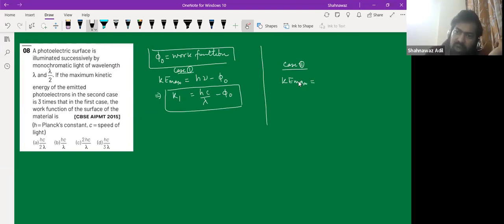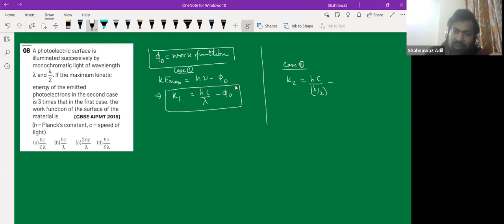This is a new Ke max, so let us write it as K2. This is K2, and this is h nu, which is c by lambda. Now this lambda has become lambda by 2. This is the new wavelength.